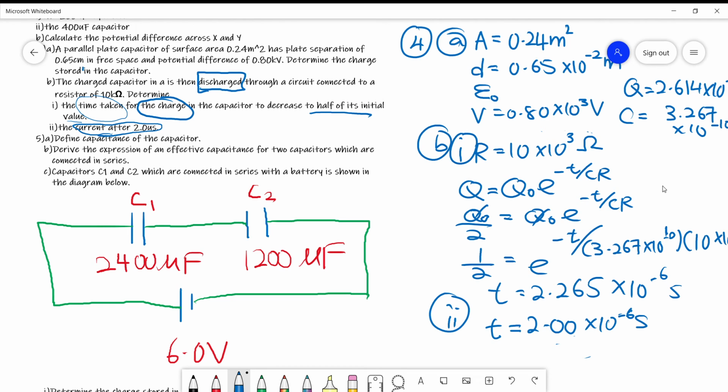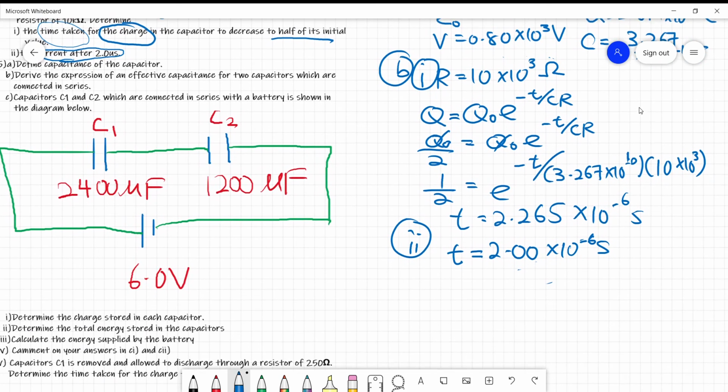So the charge is discharged. The question did not give any further information, just the time taken after 2 microseconds. I wonder what will be the way to calculate this one.